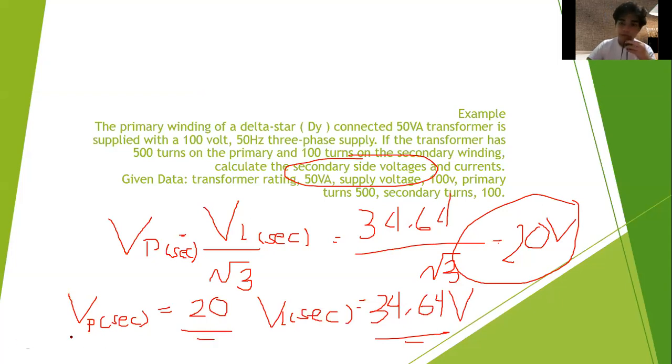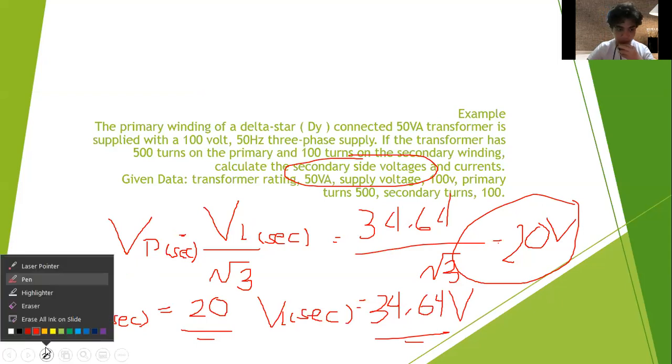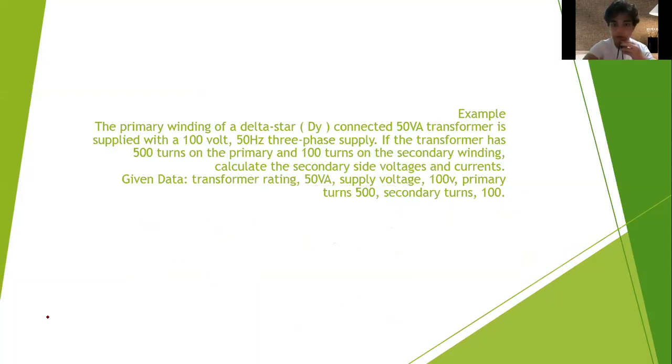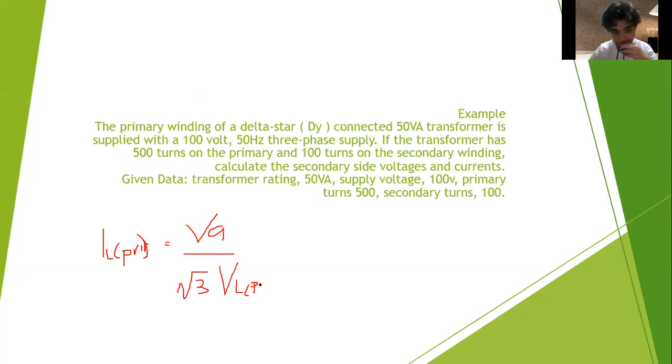Now, next we will have to obtain the current. For the current, we will have to use the equation IL primary equals VA over square root of 3 times VL primary.